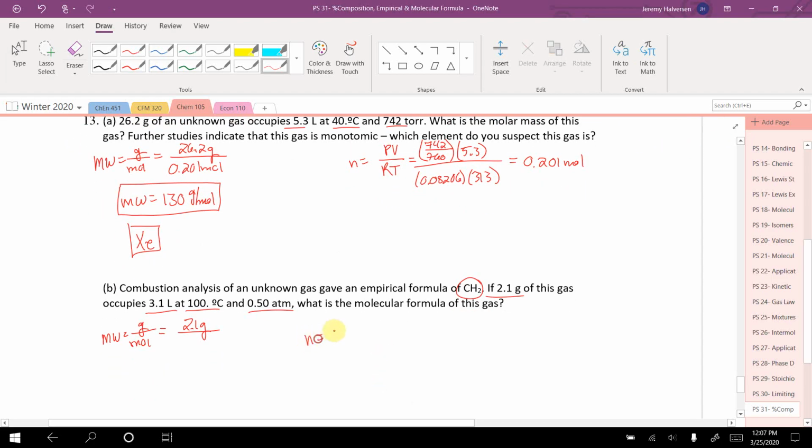Well, we know that moles is PV over RT. Pressure is 0.5 atmospheres, 3.1 liters. Ideal gas constant, and 373.